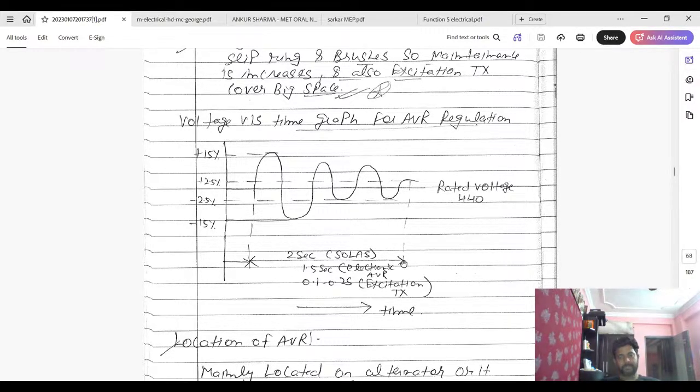For the electronic AVR, it takes 1.5 seconds. For the excitation transformer, it takes 0.1 to 0.2 second. This is different, and as per the regulation it should be less than 2 seconds as per SOLAS. So both are fulfilling the requirement.